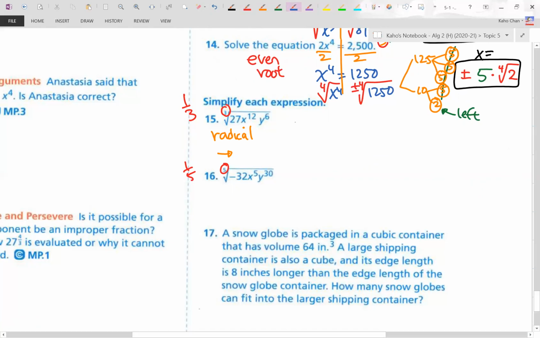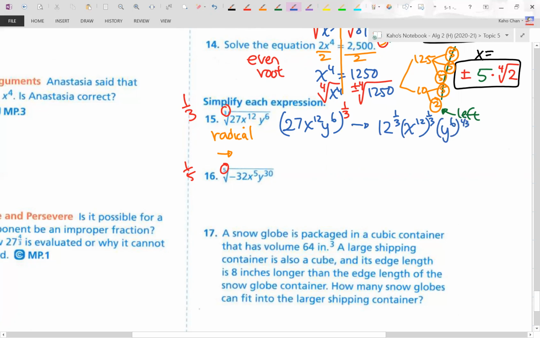This is 27x to the 12th y to the 6th, to the 1/3 power. Let's apply the 1/3 power to every term inside the radical, which is the radicand. 27 to the 1/3, x to the 12th to the 1/3, y to the 6th to the 1/3 power.